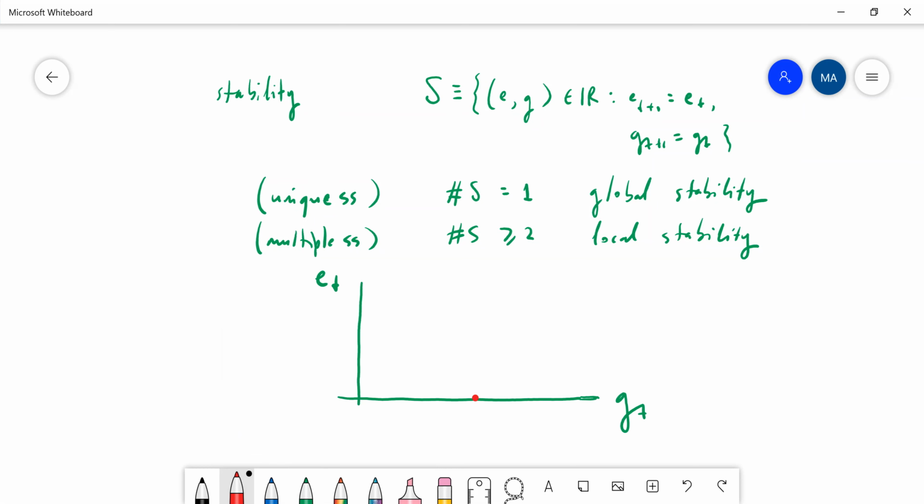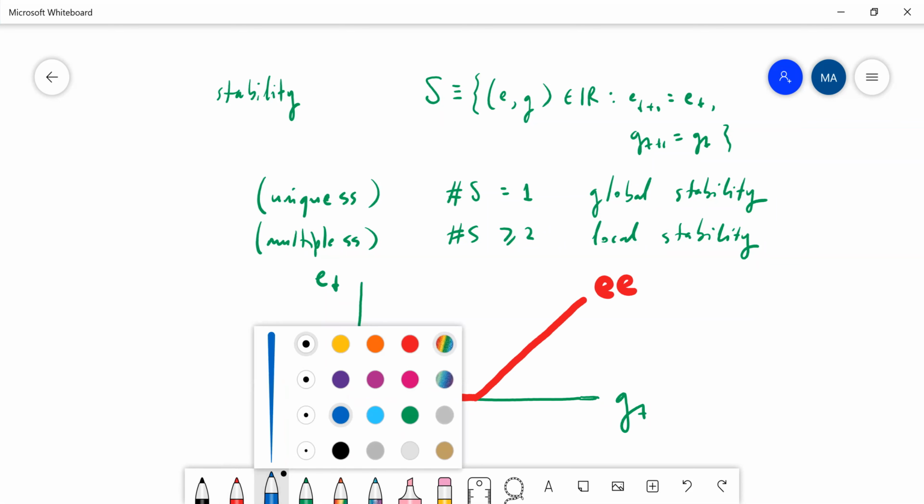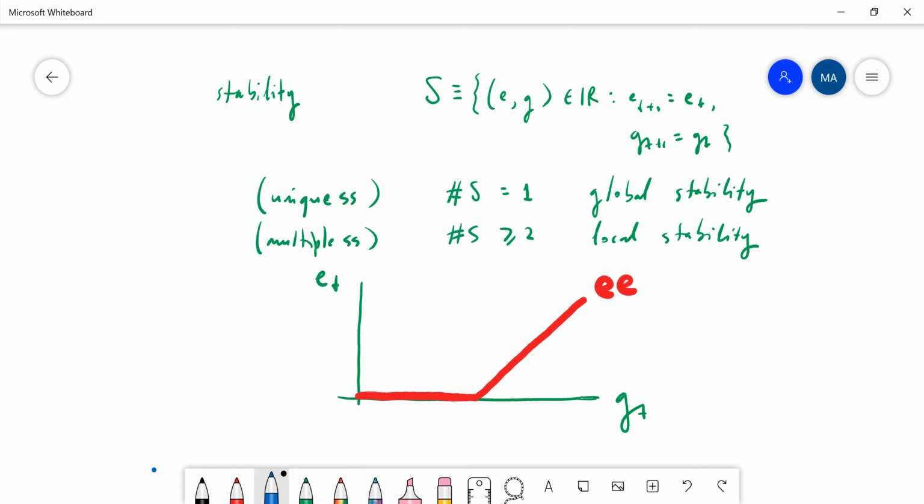This is your EE locus, and this is your GG locus.